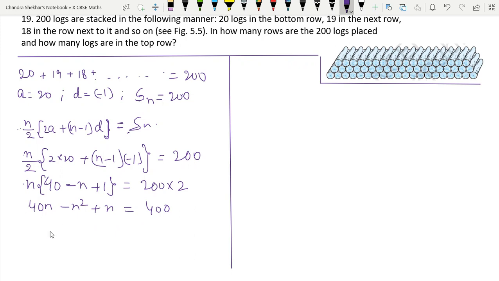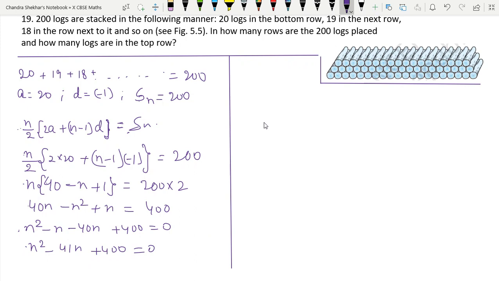It forms a quadratic equation. So if we bring everything to the right side, it becomes n square minus 40n minus n plus 400 is equal to 0. So that becomes n square minus 41n plus 400 is equal to 0.